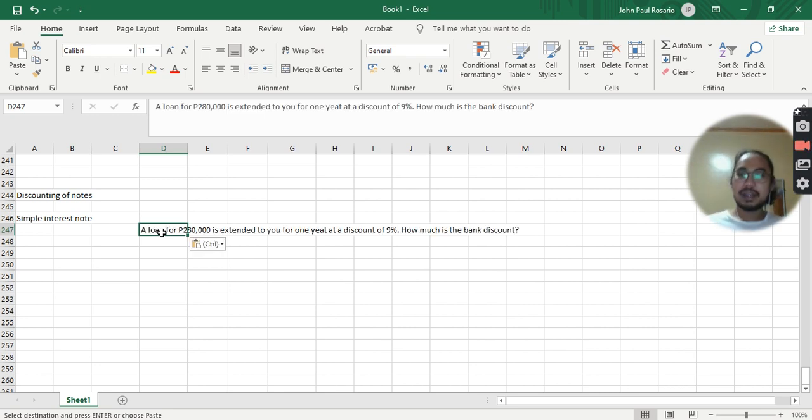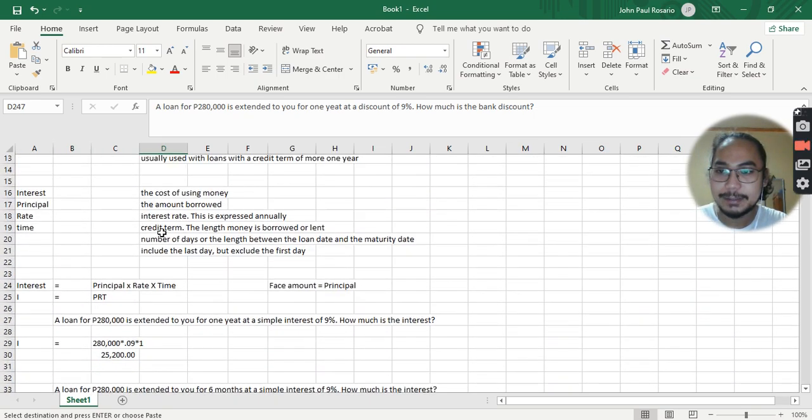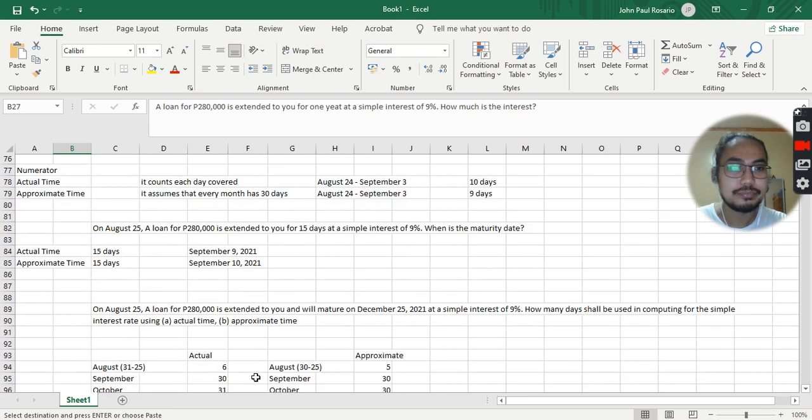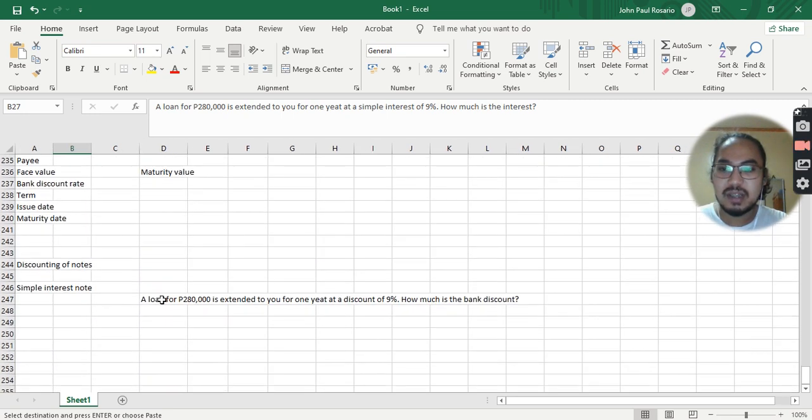Okay. So, we will change it to a simple interest problem. We should use the simple interest problem. So, this one. Sir, what is meant by discounting of the note?